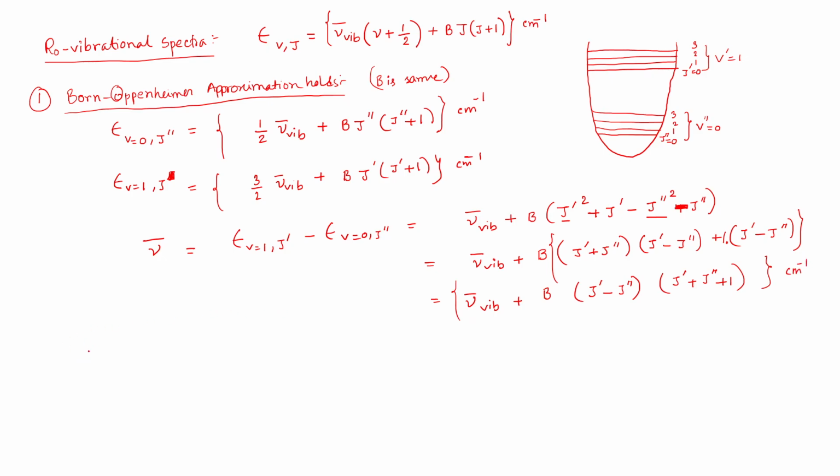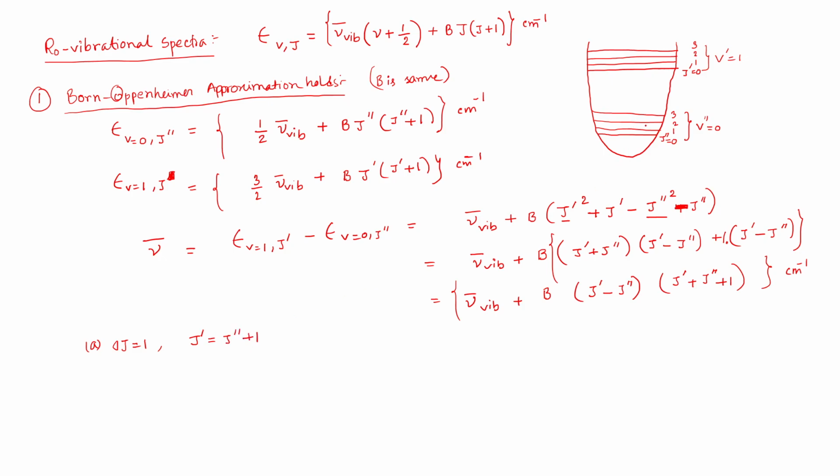Now we have two situations for this. One, delta J is 1. Delta J 1 means this state J prime is J double prime plus 1.